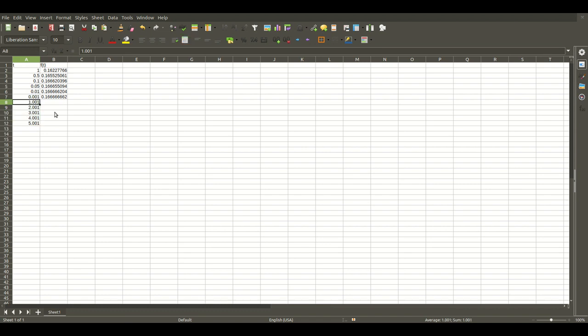We want u to be equal to the number above it divided by 10. And let's drag that down a couple times. There we go. So it switched over to scientific notation. And we're continuing the pattern.